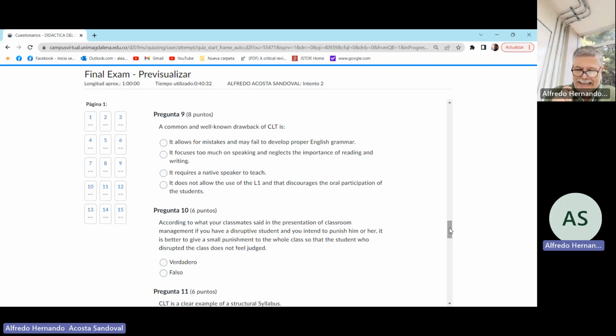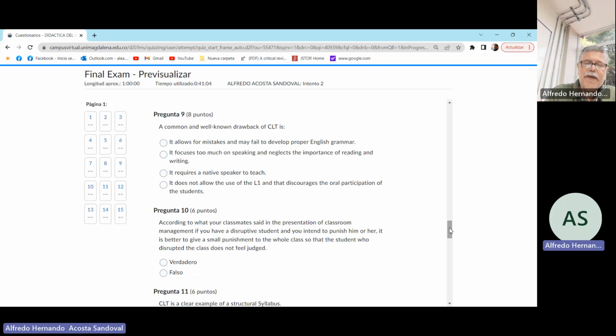No, it does not neglect. This is the key word. As far as I remember, some of you answered the second one, because of course it focuses a lot on speaking, or on oral communication. That would be speaking and listening, not only speaking. But it does not neglect the importance of the other two skills.